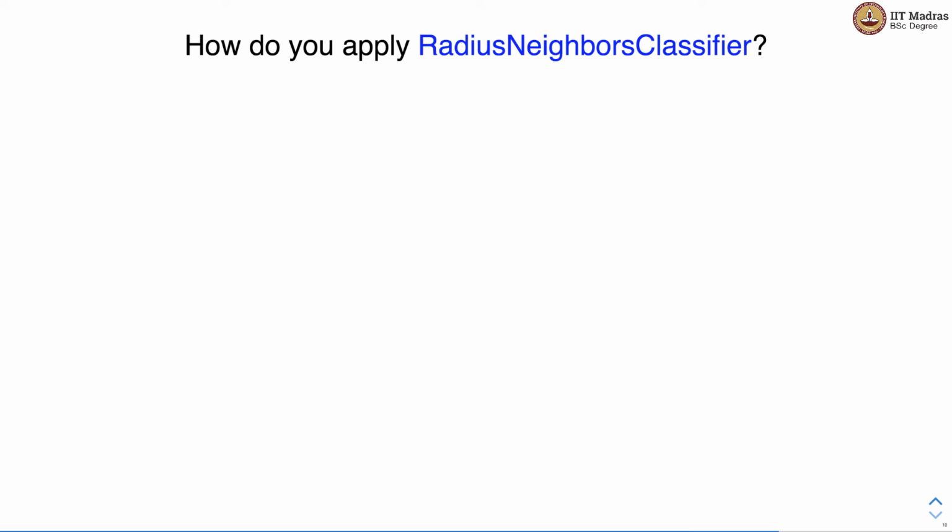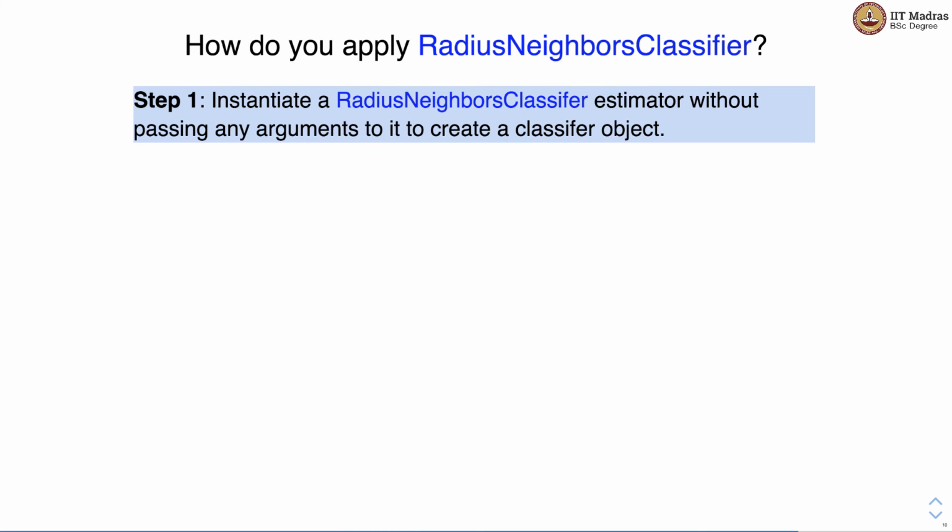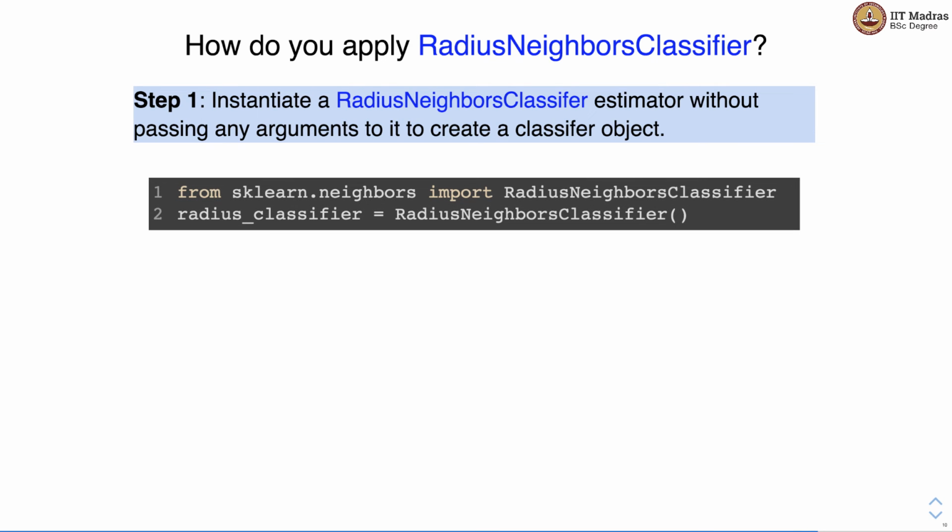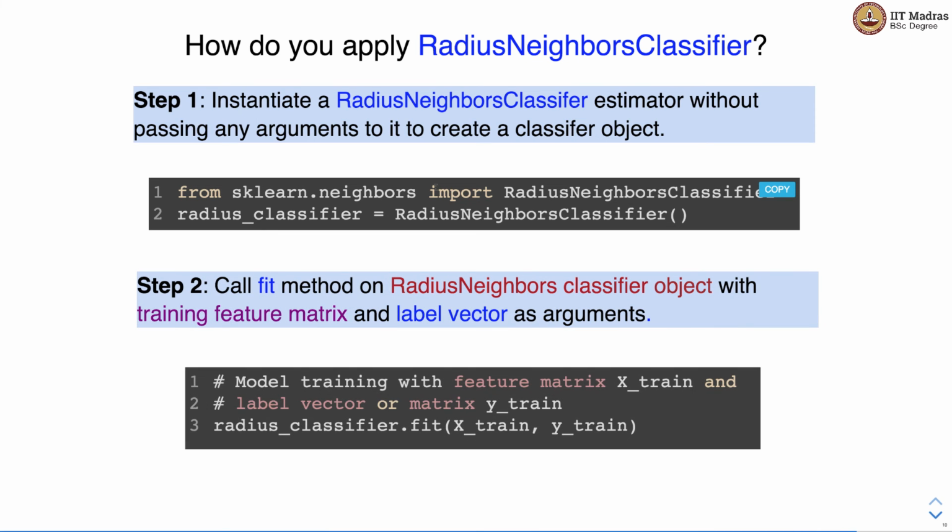Let's look at the other classifier, which is Radius Neighbors Classifier. If you want to use Radius Neighbors Classifier, in the first step you need to instantiate Radius Neighbors Classifier, which is implemented in the sklearn.neighbors module. In the second step, we call the fit method on the classifier object with feature matrix and label vector as arguments.